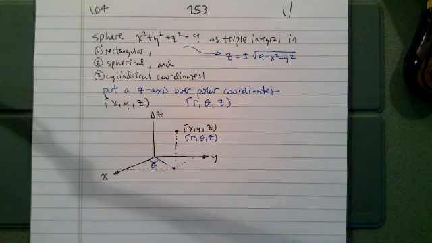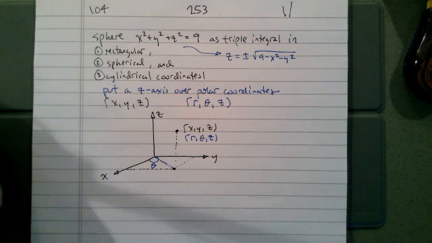The z-coordinate is the same in rectangular and polar coordinates. Rectangular coordinates puts a z-axis above xy coordinates, it just extends it one more. Cylindrical coordinates is putting a z-axis on top of polar coordinates, and it's the same z.